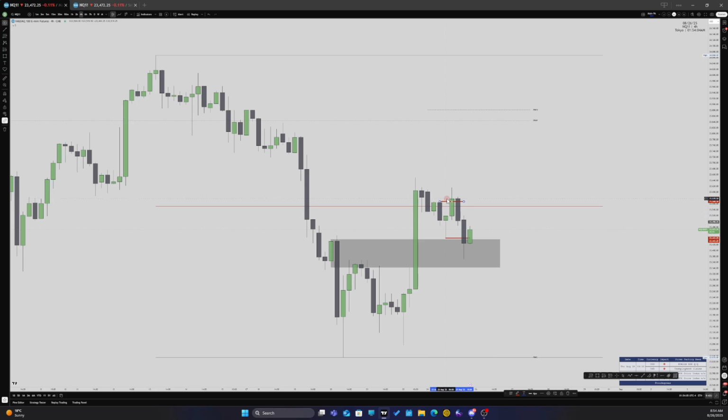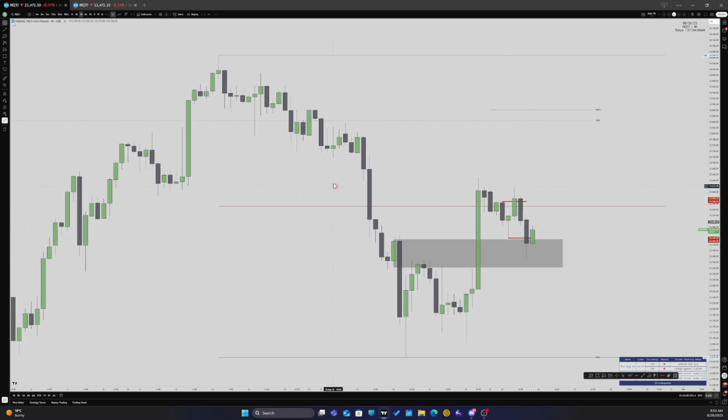So we have buy side liquidity, sell side liquidity, and on our 15-minute or 30-minute chart, depending on what we're trading, we have this range that has been formed.